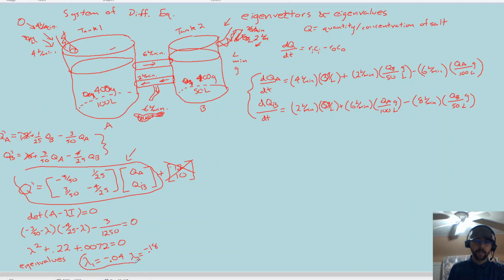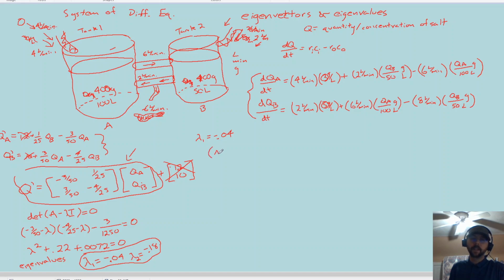And since our eigenvalues are distinct, but they are negative, we follow that line of reasoning. So the next thing we need to do is calculate the eigenvectors. If we have lambda 1 equals negative 0.04, the eigenvector for this, we're going to do the same kind of thing, but it's going to be a little different.